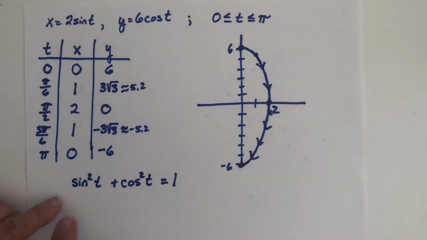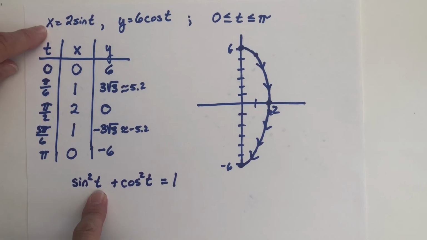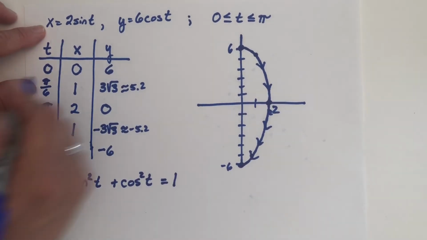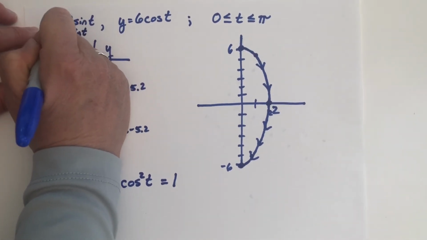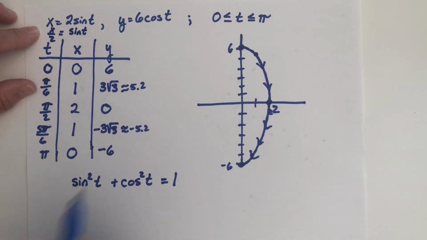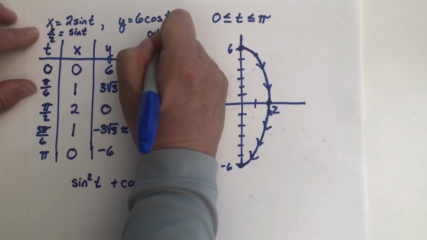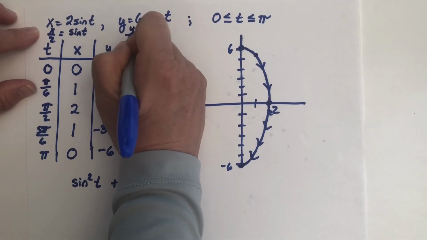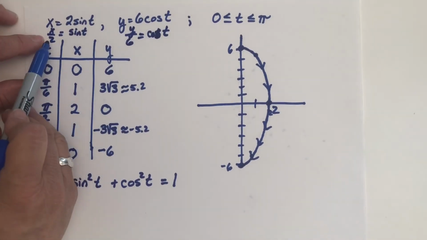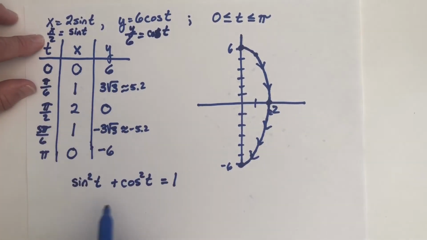Well, what is the sine of t? Look back here. If we were to solve for the sine of t, I didn't leave very much space for it, but you can see, I hope, that the sine of t equals x over 2. And similarly, the cosine of t equals y over 6. I can substitute those values in for sine and cosine.